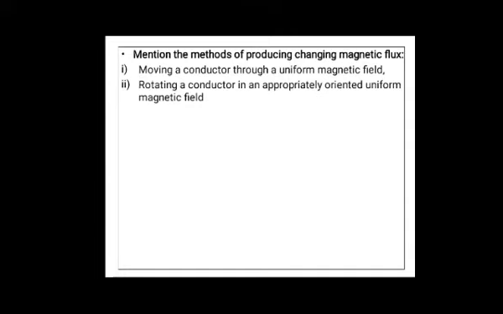You can change the magnetic flux. Then third one is keep the conductor stationary, change the magnetic field. When magnetic field changes, definitely magnetic field lines will change. Due to that, there is change in magnetic flux. So these are the methods of producing changing magnetic flux.